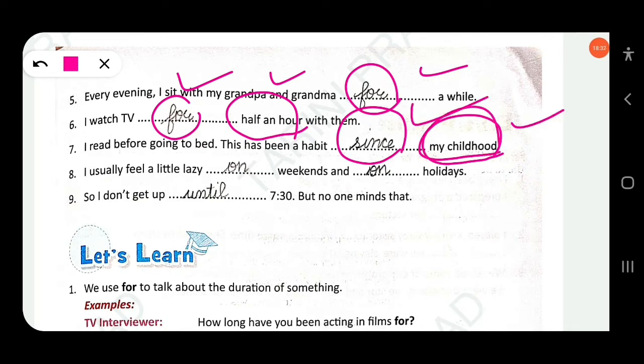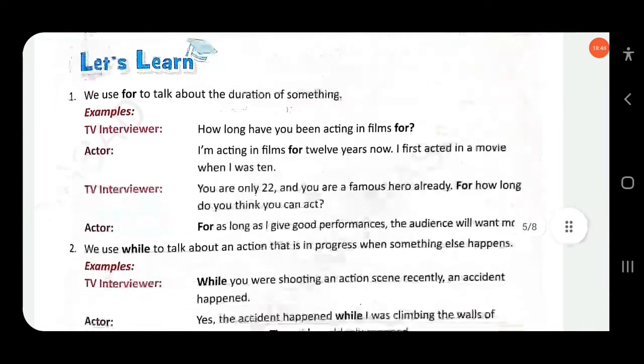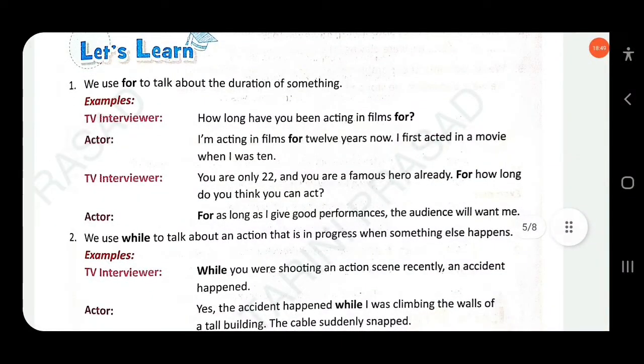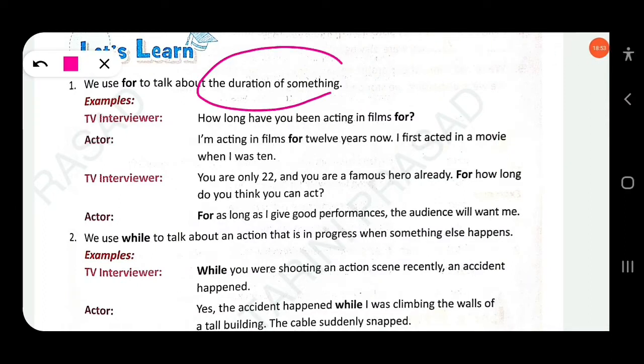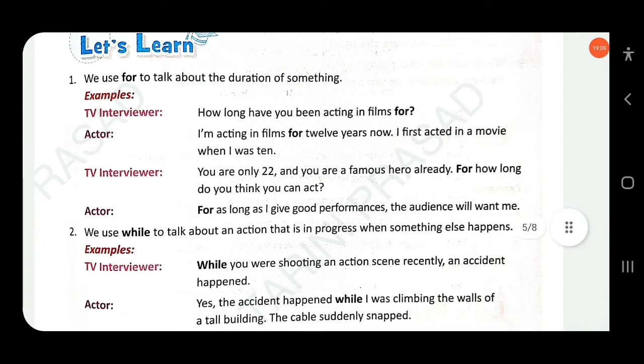I usually feel a little lazy on weekends and on holidays, so I don't get up until 7:30, but no one minds that. Then next, we use for to talk about the duration of something. Look at the screen for uses of for and also examples.